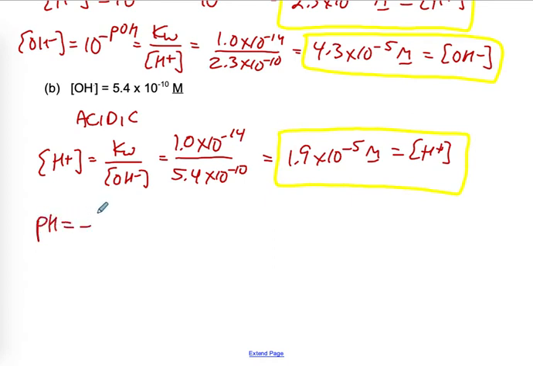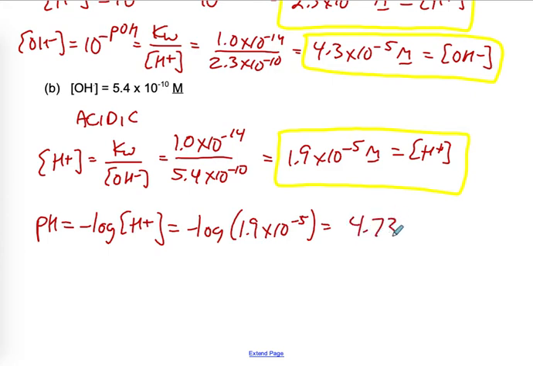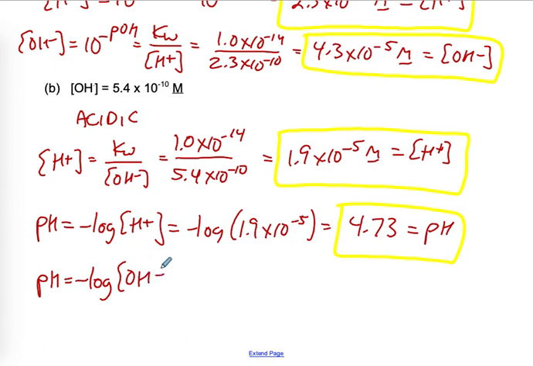My pH, I'll take as the negative base 10 logarithm of the hydrogen ion concentration, or the negative base 10 logarithm of 1.9 times 10 to the negative 5th, or 4.73 as my pH. And then finally, to calculate the pOH of the solution, again, I can do it one of two ways. I can either take the negative base 10 logarithm of the hydroxide ion concentration, which we were given at the beginning of the problem, or 14.00, I'm sorry, back up.